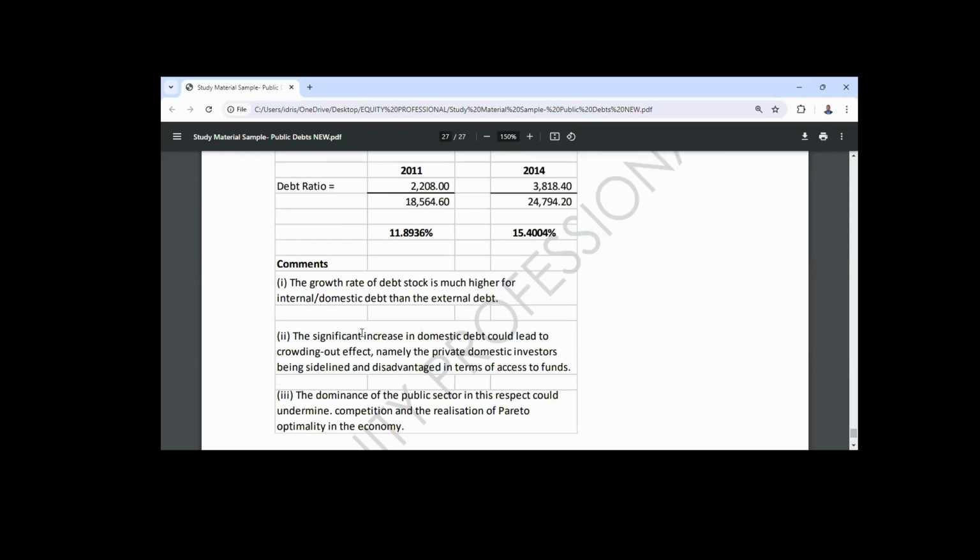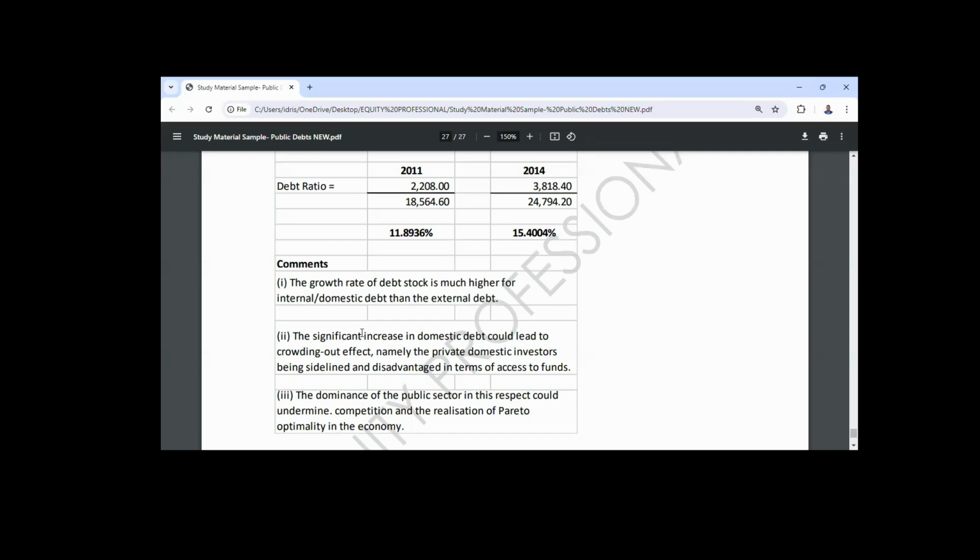Significant increase in what? Domestic debt. One of the reasons why we have an increase in the debt ratio from 11.8936% to 15.4004% was as a result of what? Significant increase in domestic debt.